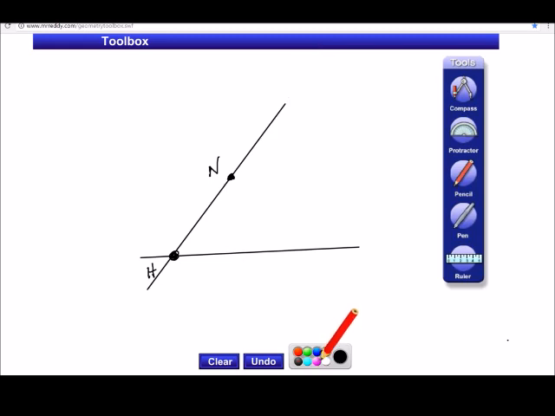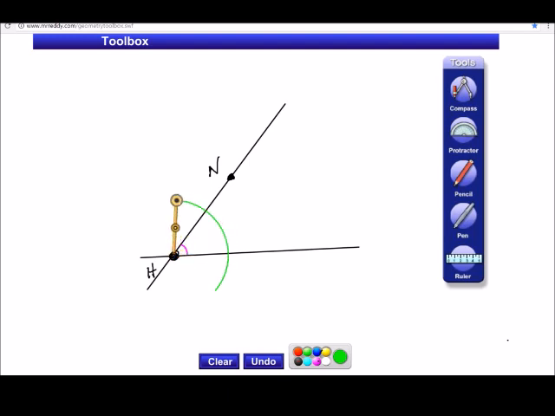And now we have this angle right here. And I want to construct that angle up on N. Well, how do we construct an angle? With a compass, of course. So I take my compass and I measure off any distance here. We just cut across our angle, right?